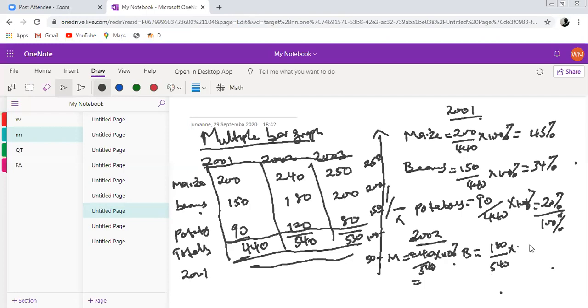You multiply by 100%. You get that. And for potatoes, is going to be equal to what? 120 over 540. Then you multiply by 100 there. So can you give me these figures so that I use them to demonstrate?